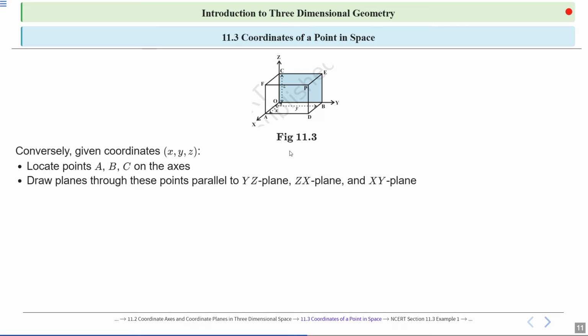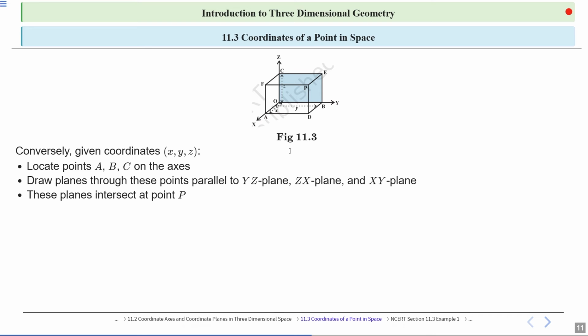Now let's draw planes through these points. Each plane is parallel to one of the coordinate planes: the YZ plane, ZX plane, and XY plane. This shows us how we use these planes to narrow down the exact position of point P in space.